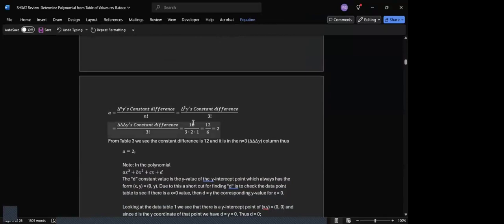So we're going to put 12 here in the top. And then we know that n equals 3. So the formula is n factorial. So it's going to be 3 factorial, which means 3 times 2 times 1, which gives us 6. So we end up getting a equals 12 over 6, which equals 2. So we know the leading coefficient a is 2.